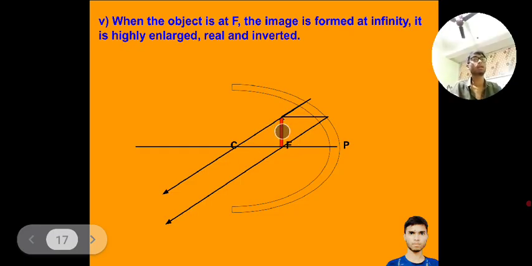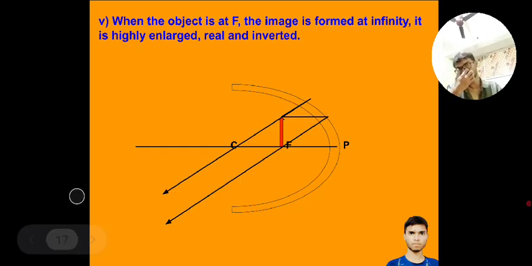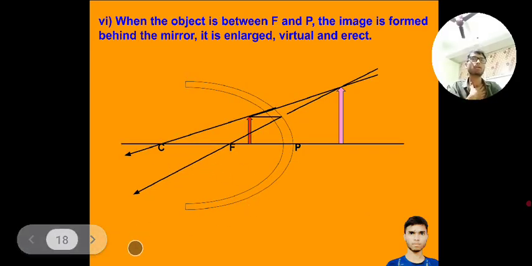You can say magnified. Here it is magnified, and the image would be real, yes, and it would be inverted, enlarged. It is highly enlarged. This is done.